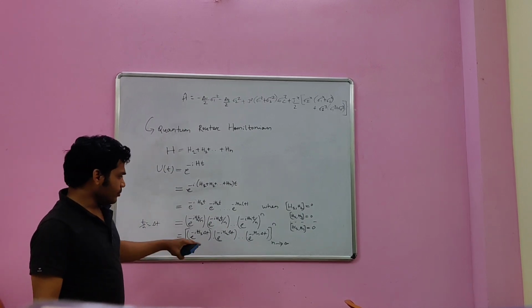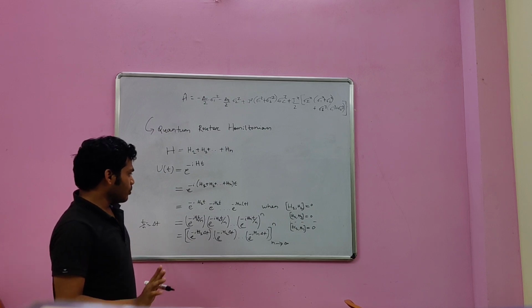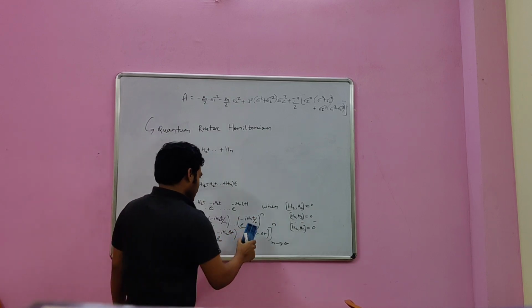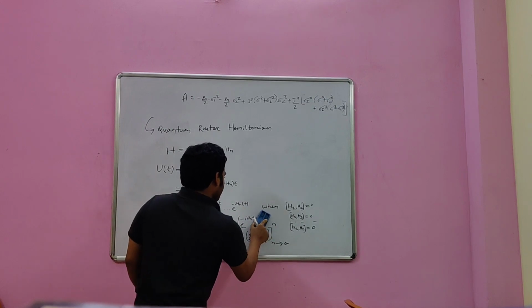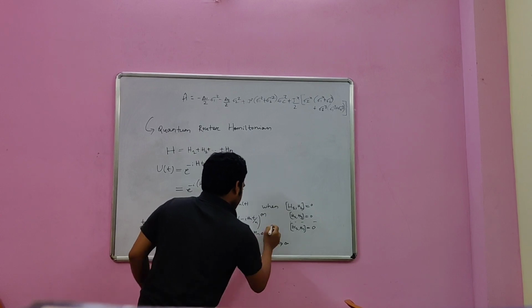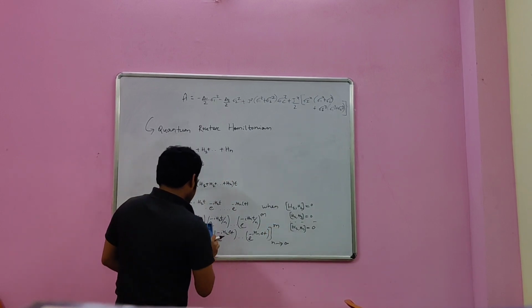This n is the same as the number of Hamiltonians, H1, H2, Hn. No, I mean, is here, yeah. So I may write down something like n, but here also n.